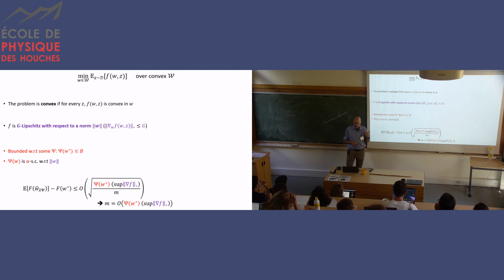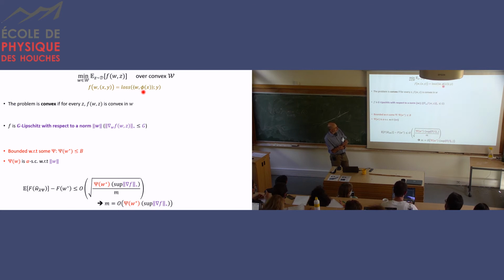Let's think of what the convexity and Lipschitz conditions look like for supervised learning problems. So let's go back to supervised learning. Up until now, we talked about general objectives. For a second, we're going to go back to supervised learning problems, in particular linear learning problems of this form, where the prediction is just W times some feature map of X. In this case, how do we ensure convexity and Lipschitzness?